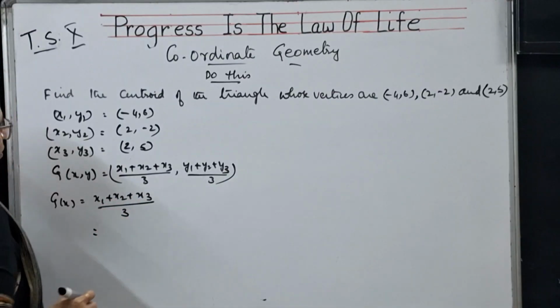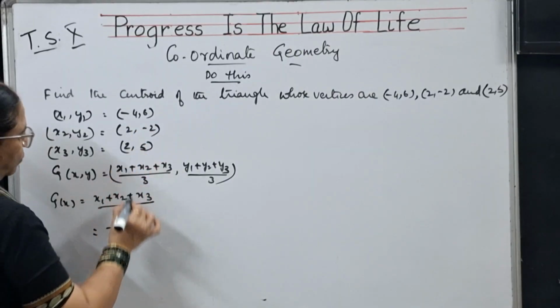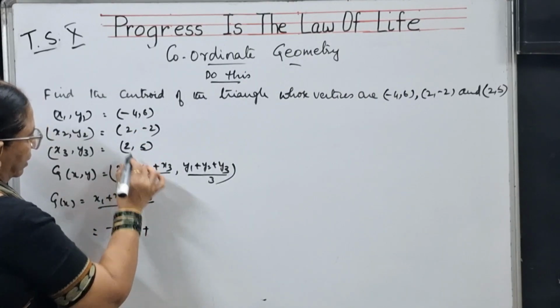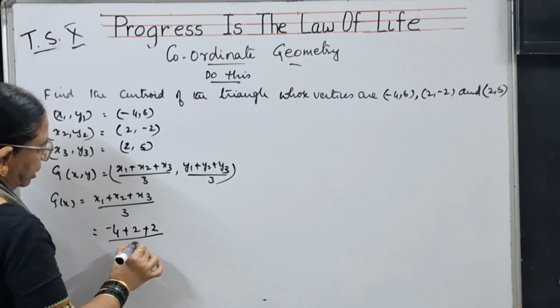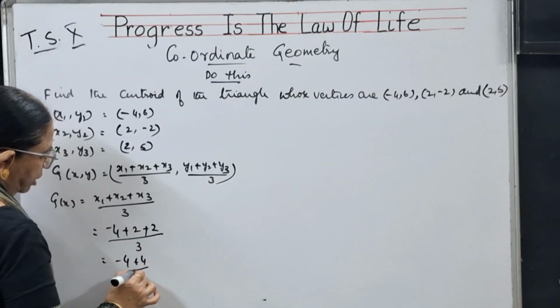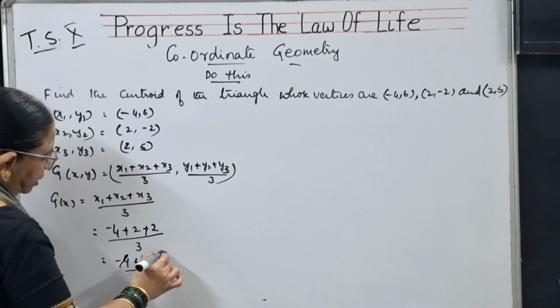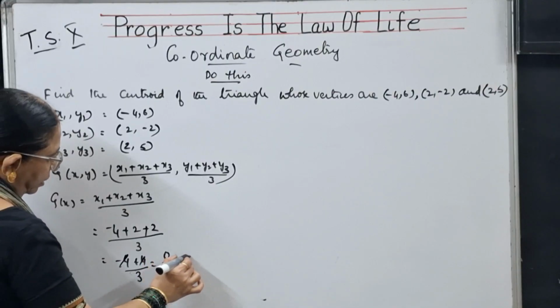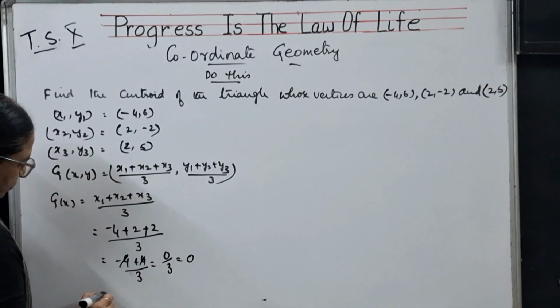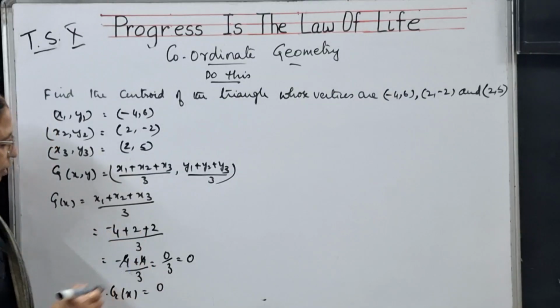So this is equal to (minus 4 plus 2 plus 2) by 3. That is (minus 4 plus 4) by 3. These two will get cancelled. 0 by 3, that is 0. So G of x is equal to 0.